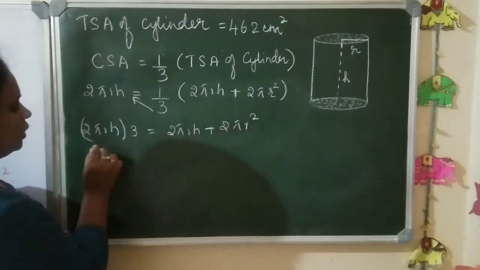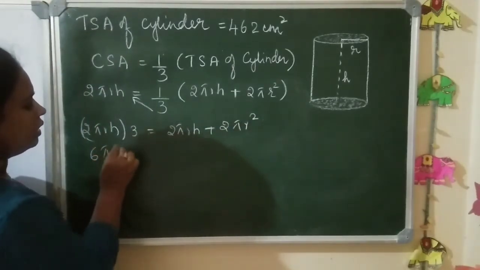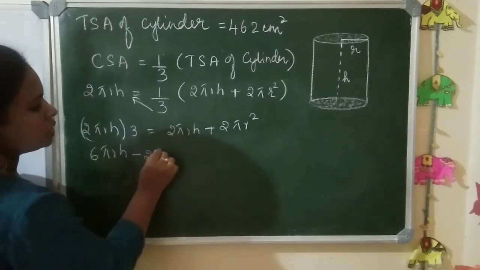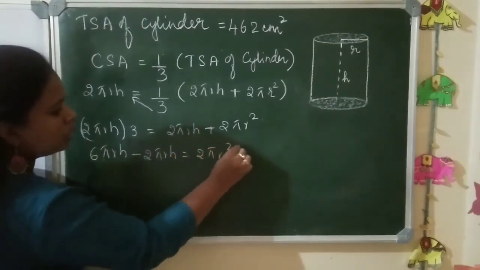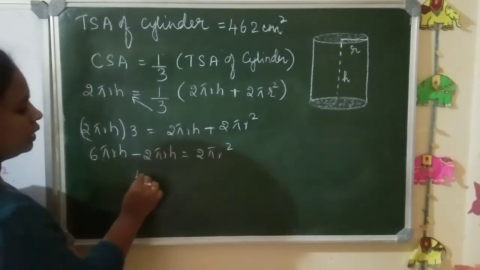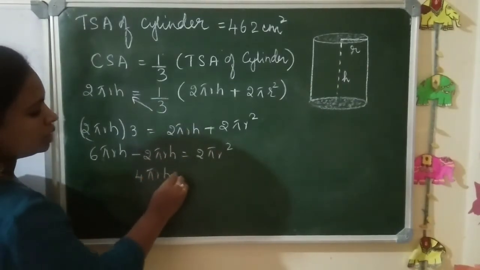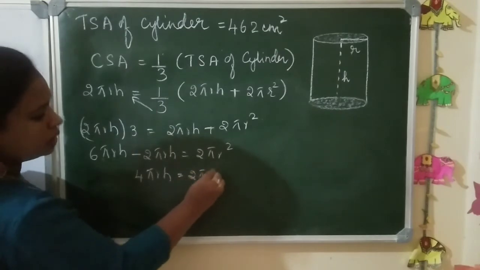So now it will be 6 pi RH minus 2 pi RH is equal to 2 pi R square. When you do this, you will get 4 pi RH equals 2 pi R square.